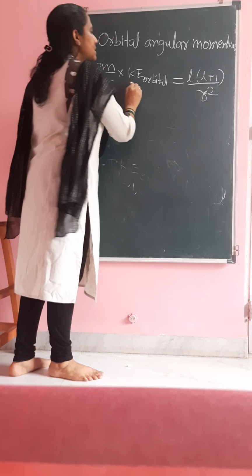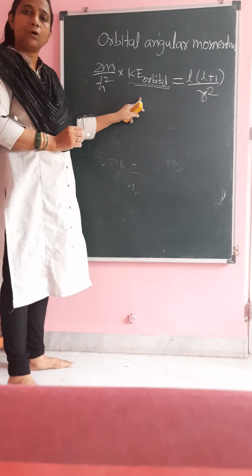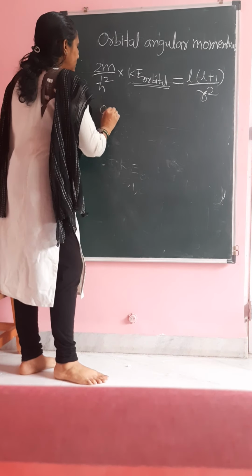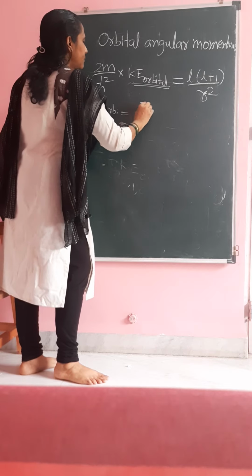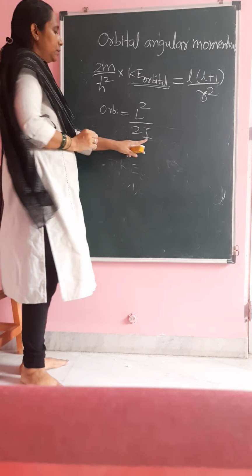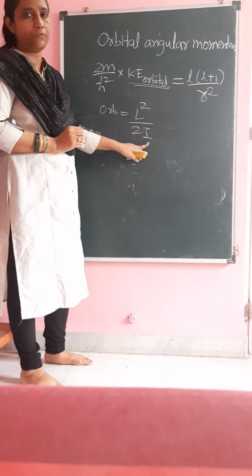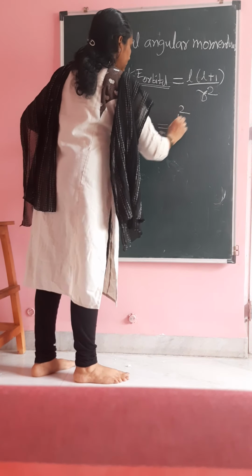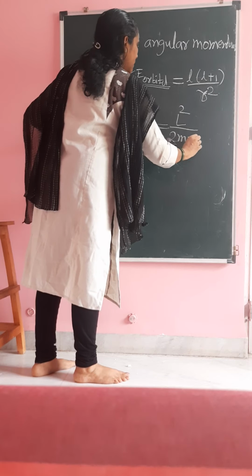Now see, this kinetic energy orbital has already got the term from classical mechanics that your orbital kinetic energy is L square upon 2I. What is this I? This is the moment of inertia, so it is m r square. So it is L square upon 2 m r square.